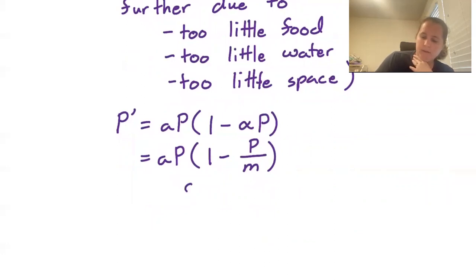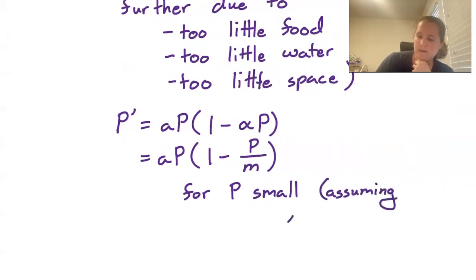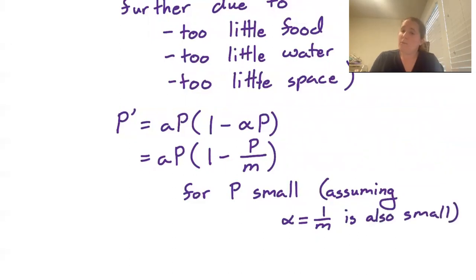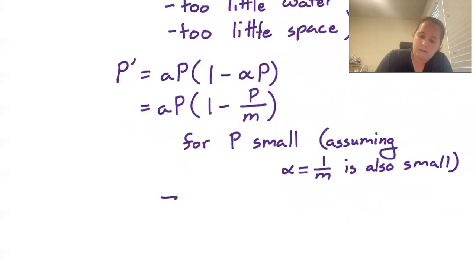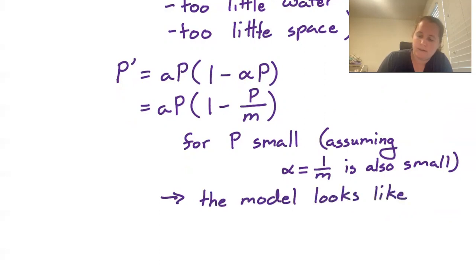And basically, for P small, assuming alpha equals 1 over M is also small, then our model essentially looks like the Malthusian model with exponential growth.